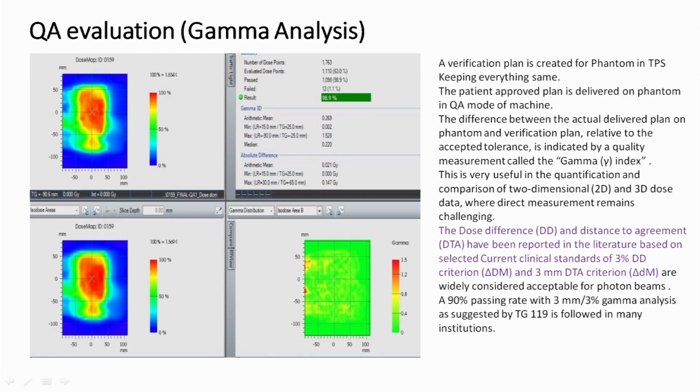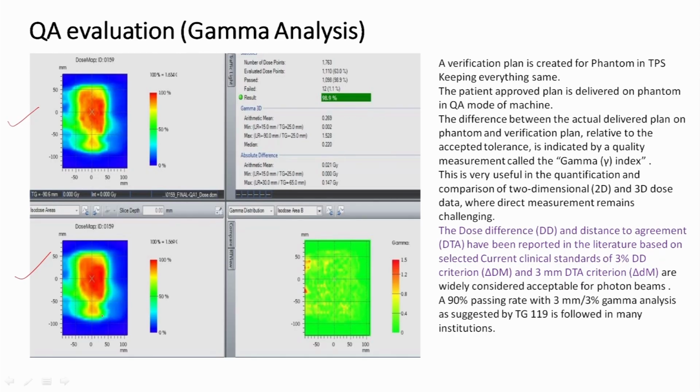Now if this is the actual planned dose and this is our delivered or measured dose, this dose distribution should coincide, verified with an evaluation tool that we call the gamma tool or gamma index. The gamma index is a parameter which verifies these two dose distributions.